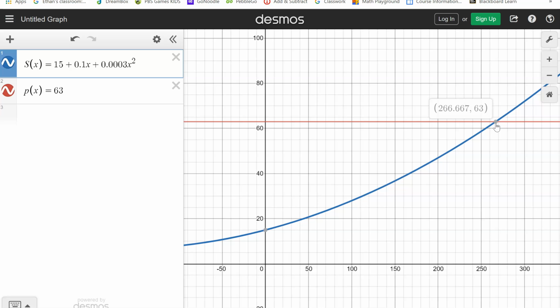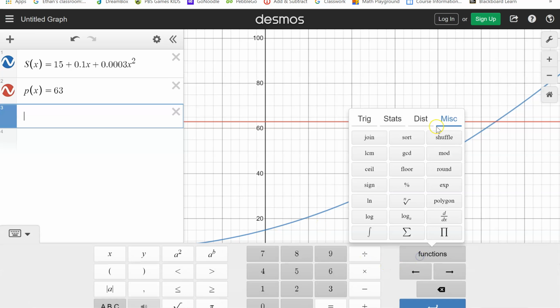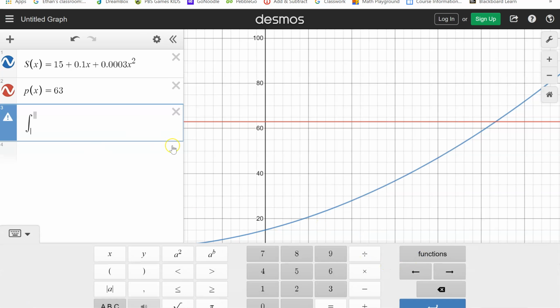So let's go ahead and set up our integral now. So there is a formula that'll be given to you, but you don't need it. You just need the idea of top function minus bottom function. So I'm going to pull up my functions list here. Okay, so my integral, the lowest my demand can be is 0. So you always start at 0 here. Remember, those limits of integration are your x values, and my x's in this case are the number of items demanded.